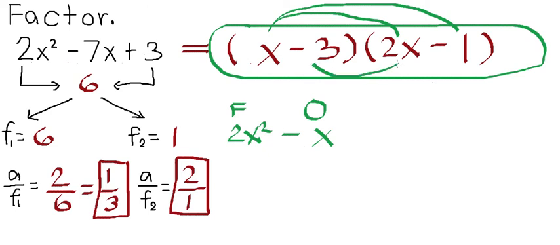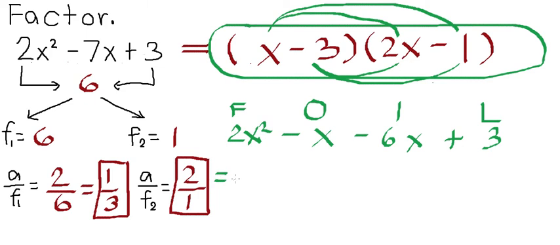Inner terms ay negative 3 times 2x is negative 6x. Last terms, L, negative 3 times negative 1 equals positive 3.